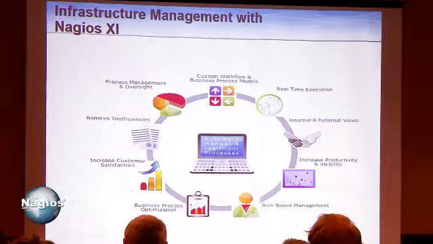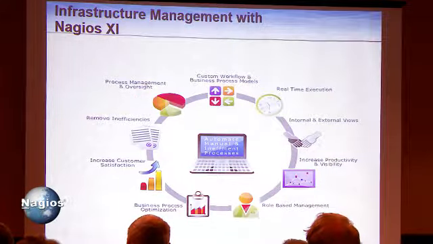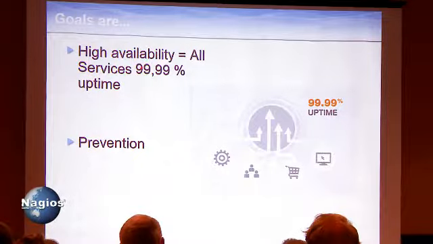This is more important in this type of company. Increase customer satisfaction, remove inefficiencies, and process oversight. Do you understand my speech? Yeah? The goals are high availability, all services at 99% uptime, and prevention. The most important is prevention in the incidents.